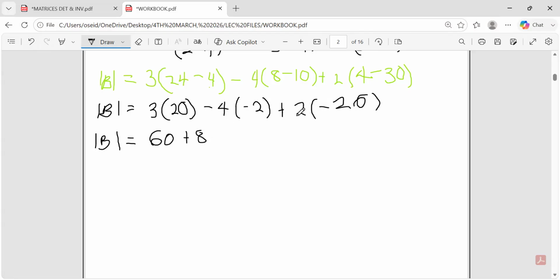Then 2 times 26 will give us 52, so minus 52.